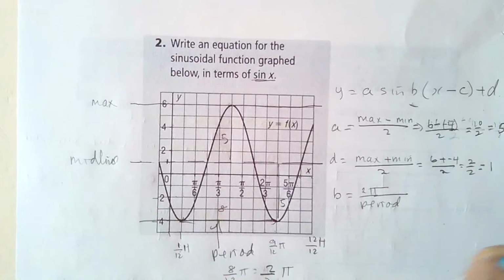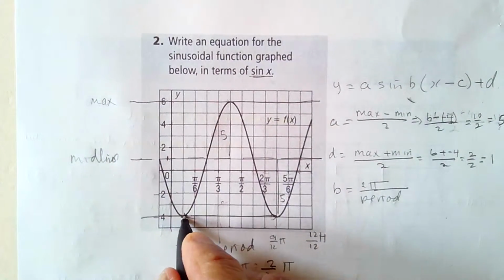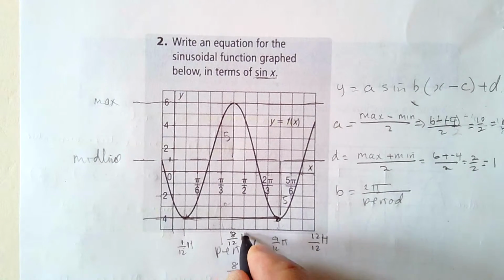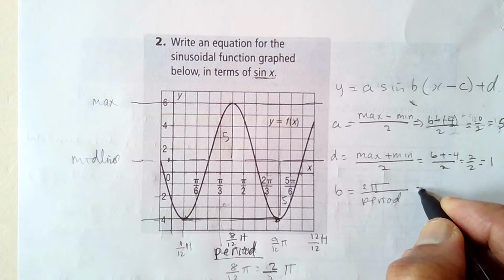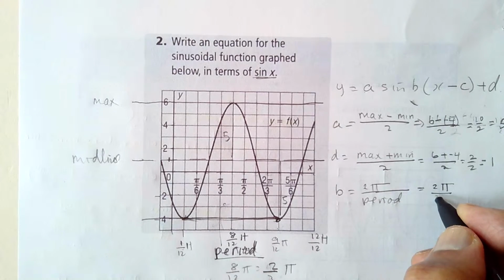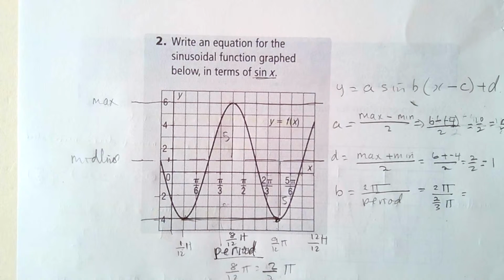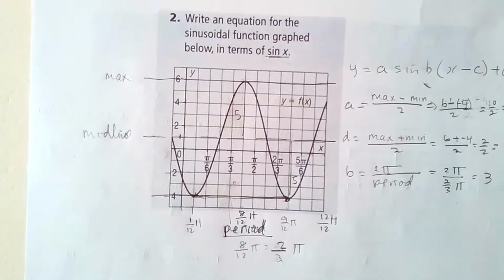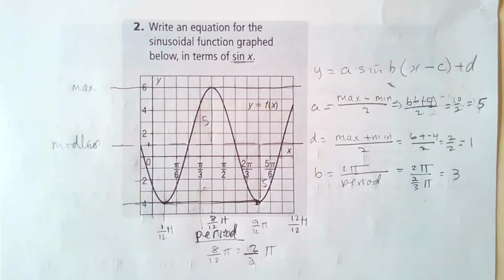We remove this from here, that's too cumbersome. So the period is 2 over 3 pi. So we have 2 pi divided by 2/3 pi, and that works out to be 3. So B is 3 based on the period.